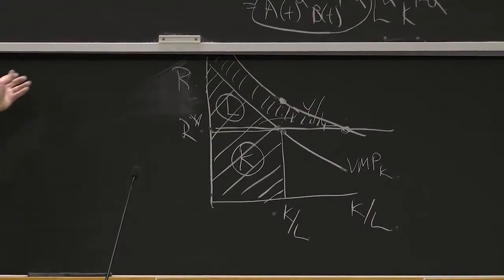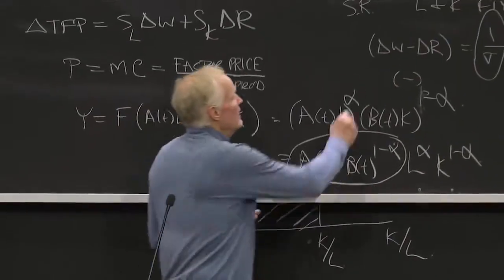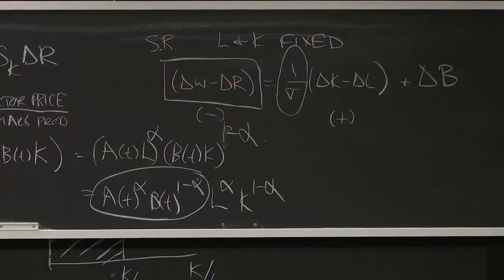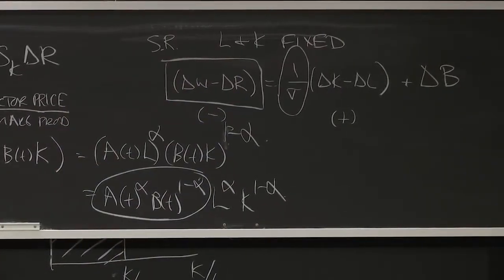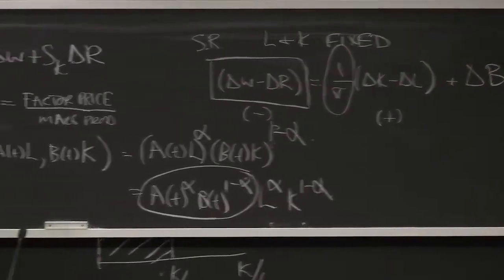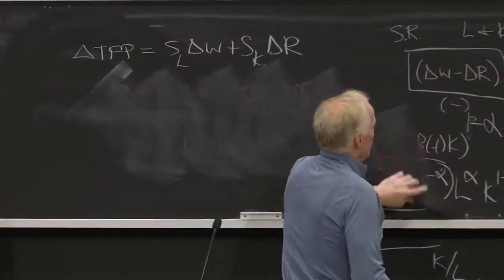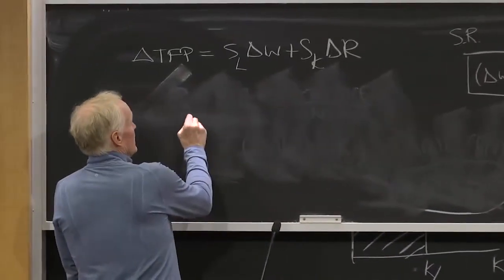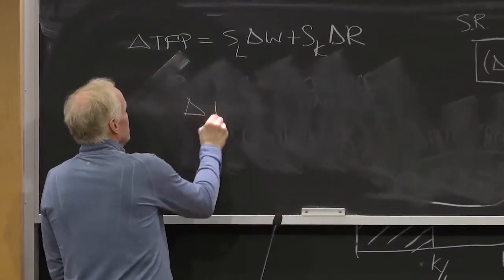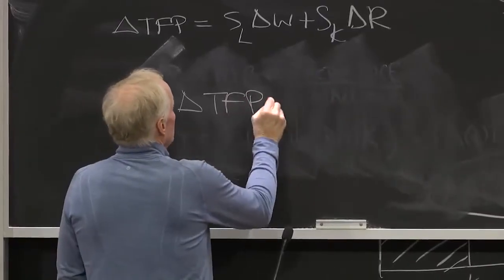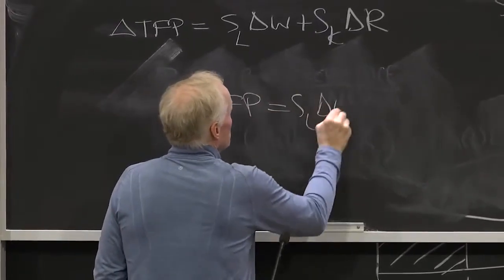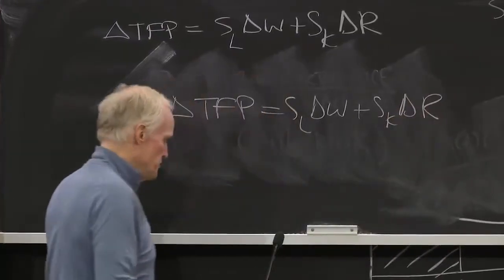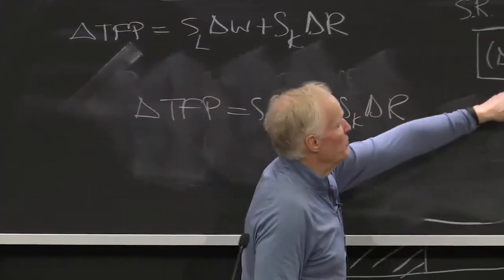Just look at this formula. There's delta W minus delta R. And substitute in delta R, delta TFP equals S_L delta W plus S_K delta R. So we can substitute in from this equation here.